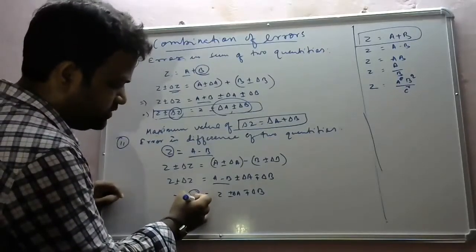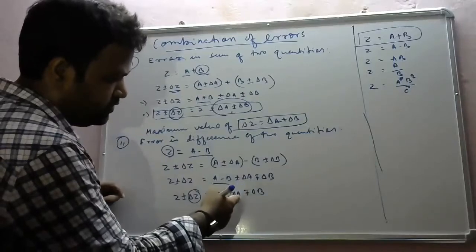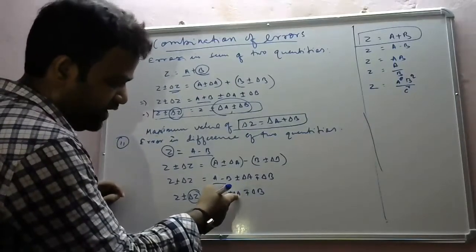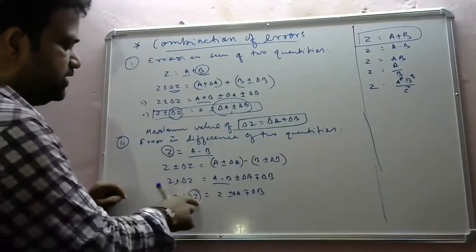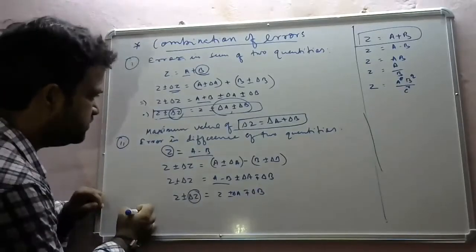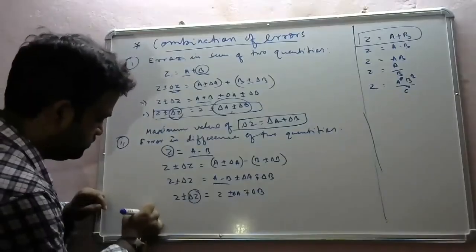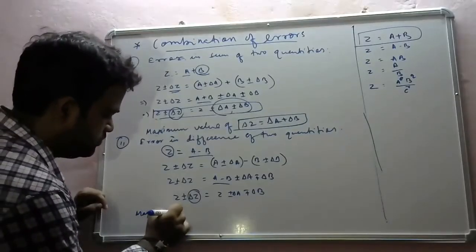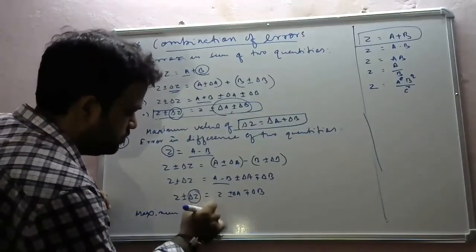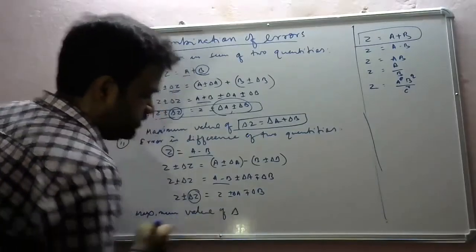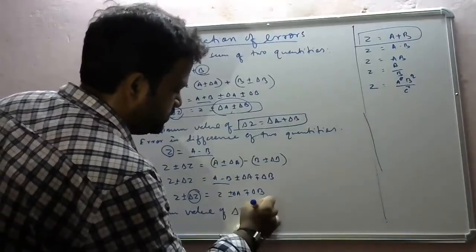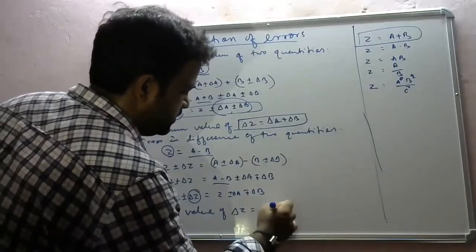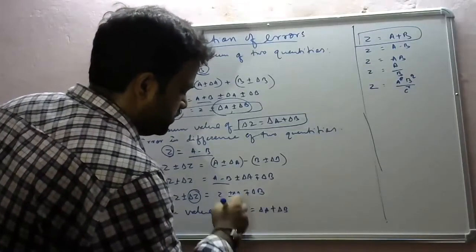So this delta Z maximum, if you want to get, you have to again add delta A and delta B. Then you will get the maximum delta Z. So the maximum value of delta Z will be again delta A plus delta B.